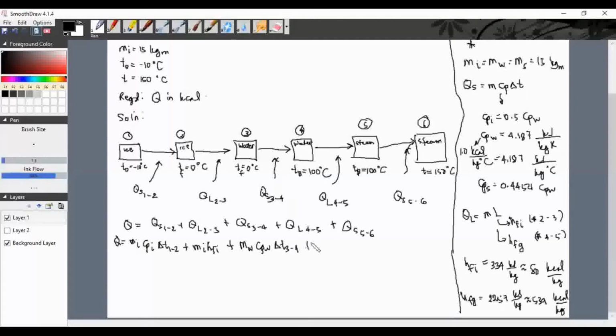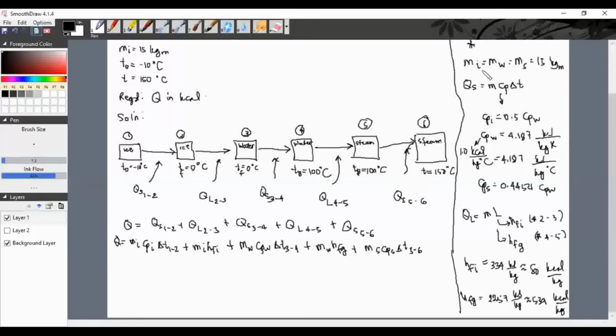And then, magkakaroon ulit tayo ng phase change. We have mass ng water times latent heat of vaporization. And lastly, magkakaroon ulit ng delta T. Sensible heat yan, so mass of steam times Cp ng steam times delta T from 5 to 6.